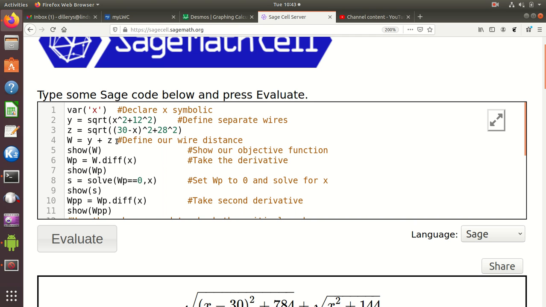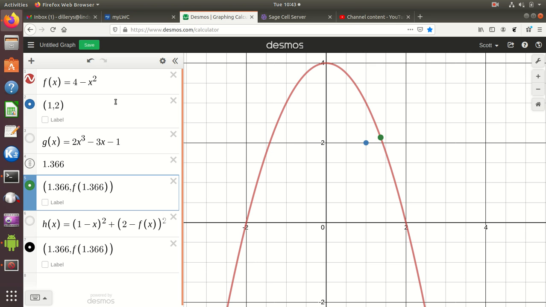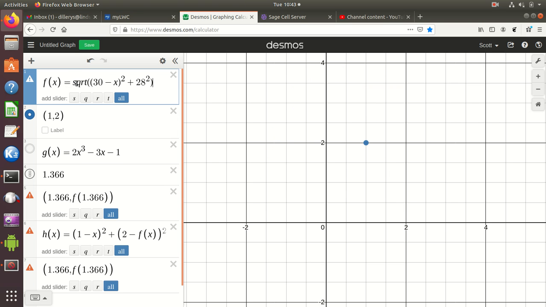So now I could try some things to enter it quicker. This square root one doesn't look so bad, but the z part looks kind of nasty to put in. I'm going to try highlighting it, doing a Control-C, going to Desmos, and saying, okay, I might as well leave it as f of x, and I'm going to do Control-V, and it didn't know what the square root was, but other than that, it did fine.